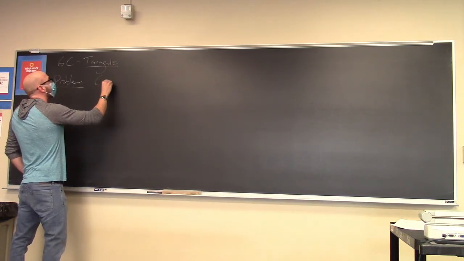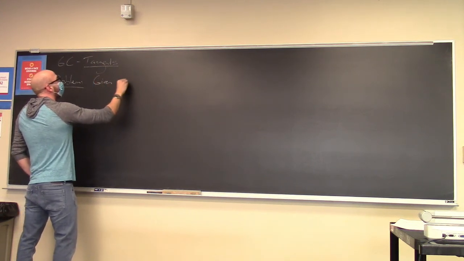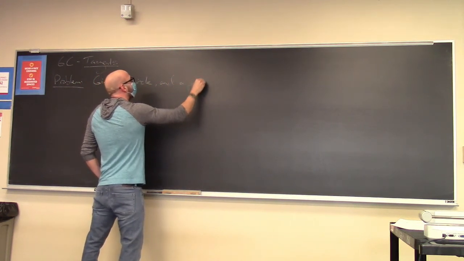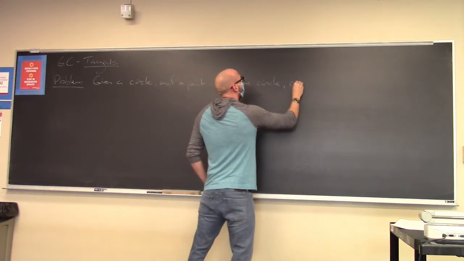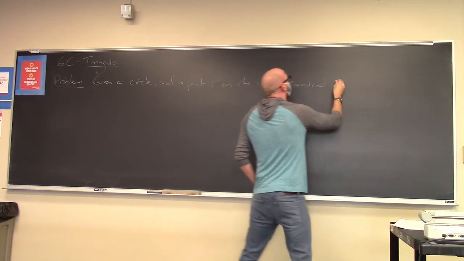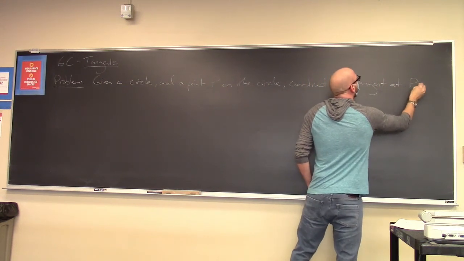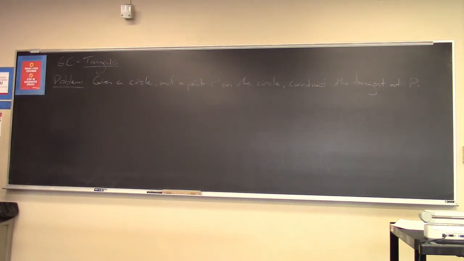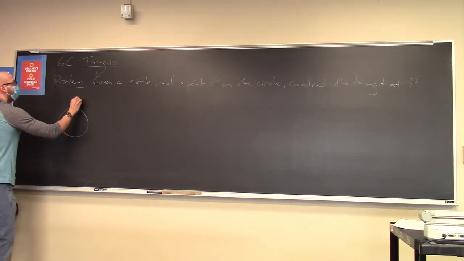So let's phrase this slightly differently. Given a circle and a point P on the circle, construct the tangent at P. So we have a circle and we have a point P on the circle.